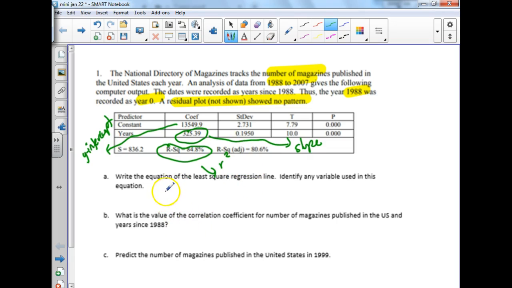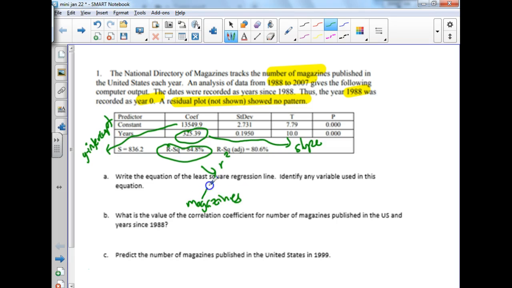Now, the equation of the least squares regression line, our LSRL, is used to make a prediction equation. So we often will use y hat, or in this particular case, I'm utilizing magazines. That's what I'm looking for.